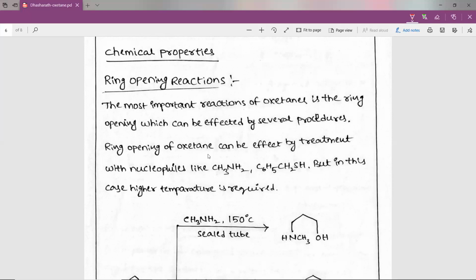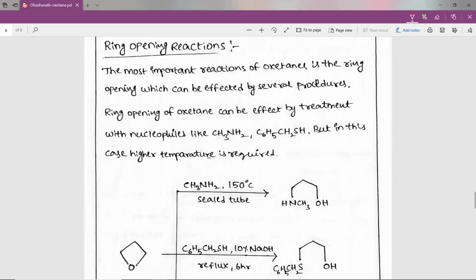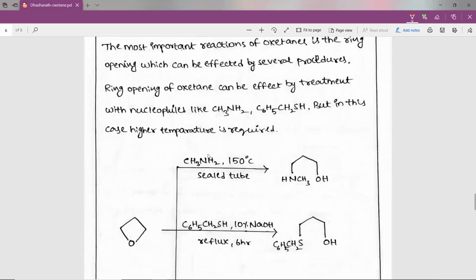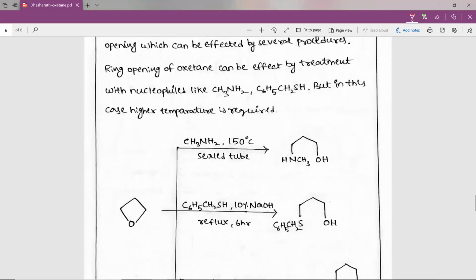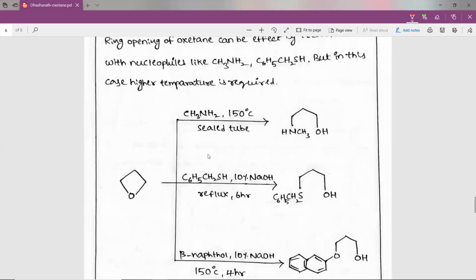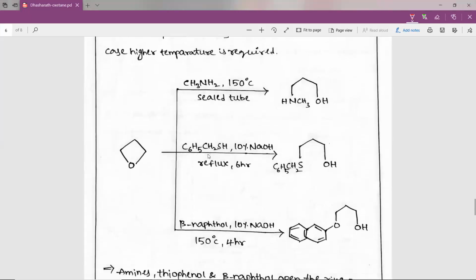Ring opening of oxetane can be effected by treatment with nucleophiles like methylamine and benzyl thiol. But both reactions occur at very high temperatures. So this is oxetane reacting with methylamine. The ring opens, it is converted into OH, and here NHCH3 is added.